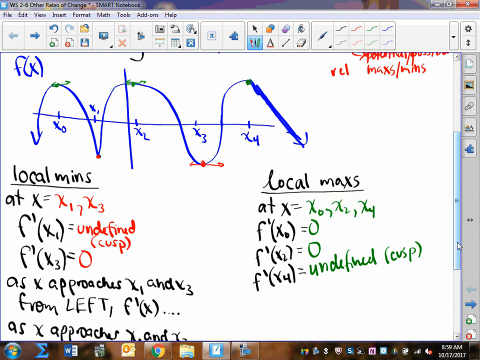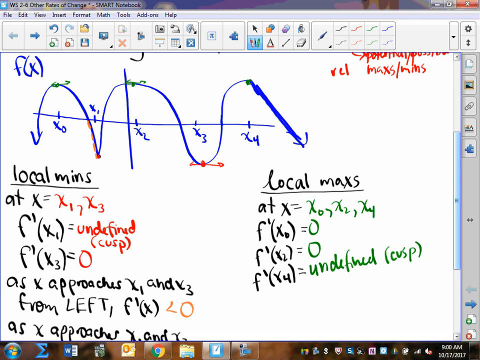So let's start off with coming from the left. Looking at my min, as I look at my little tangents, my little slopes, what can I say is true about all of those slopes? They're negative. Right? Do we agree that all those slopes coming closer are negative? So as I come from the left of my min, my derivative is negative, or, better way to put it, less than 0.